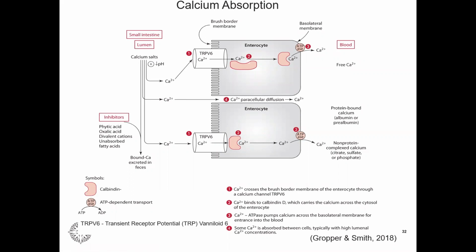The first one is saturable, carrier-mediated active transport, done by this transporter, TRPV6, which expands to transient receptor potential vanilloid. I know how tricky it is. I can never remember that one in its full form.